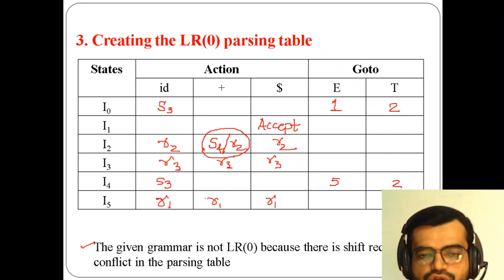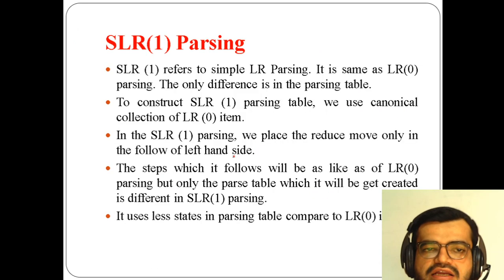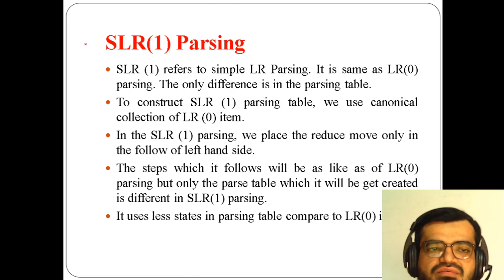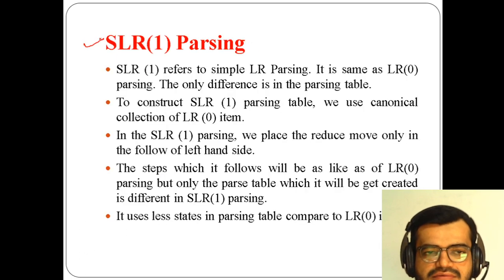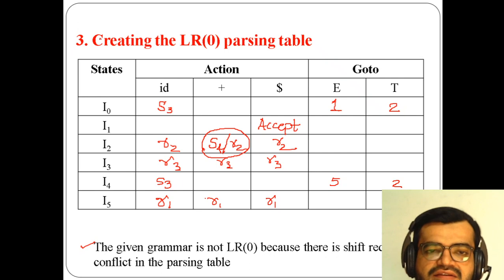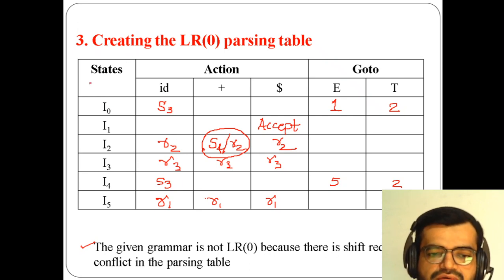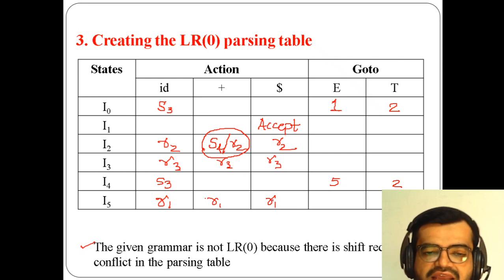Okay, so this can be overcome to a little extent by the next parsing method, which is the SLR of 1 parsing method. Not completely, but to some extent. That is the disadvantage of LR of 0, because in LR of 0 you are taking R1 in every action, R2 in every action, R3 in every action.